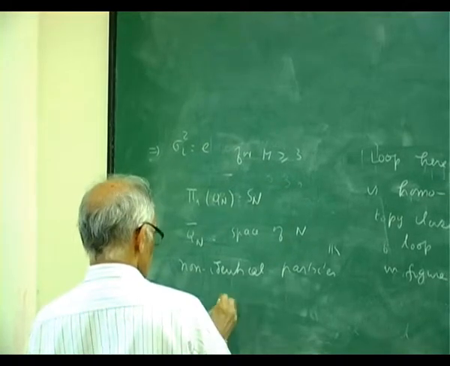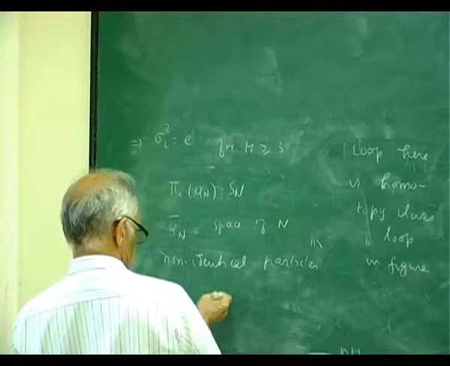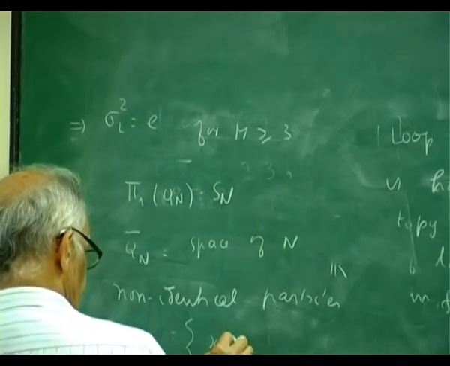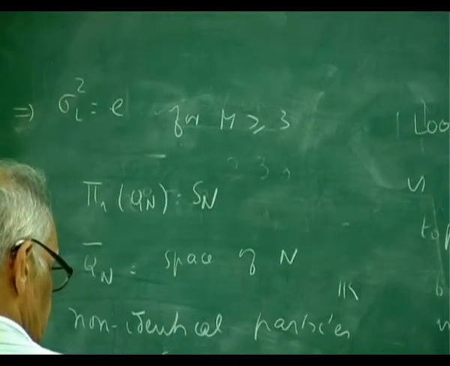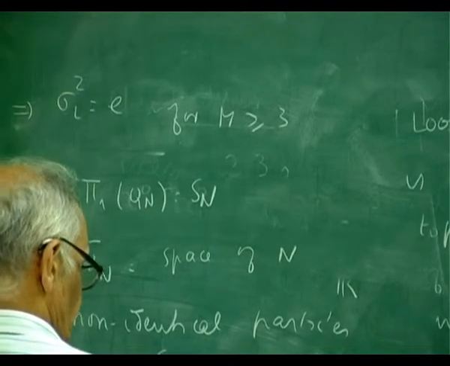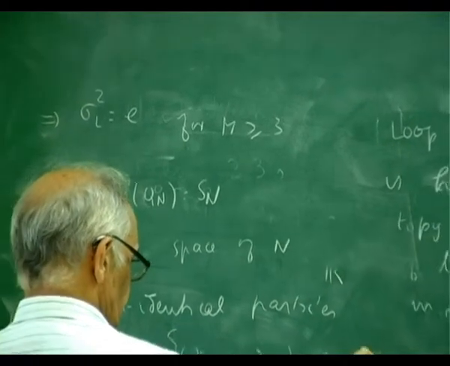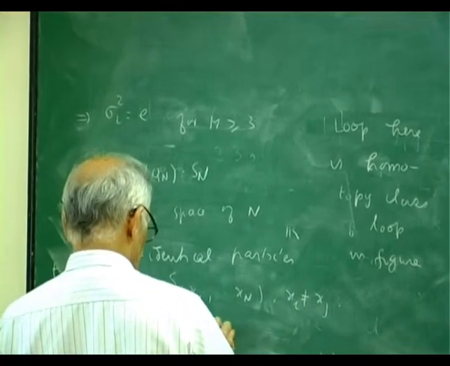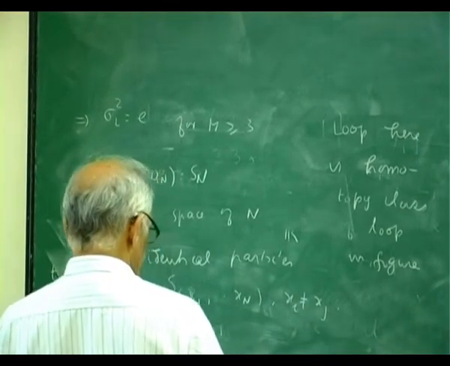So it will consist of x1 up to xn, with xi not equal to xj for i not equal to j, and it is an ordered set.